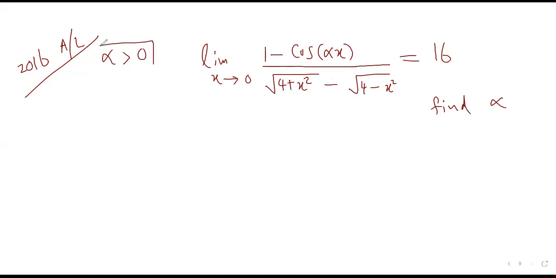Alpha is greater than 0. It's given. Then the limit and the answer is given. Find alpha. Okay, try it. If you get an answer, tell me.